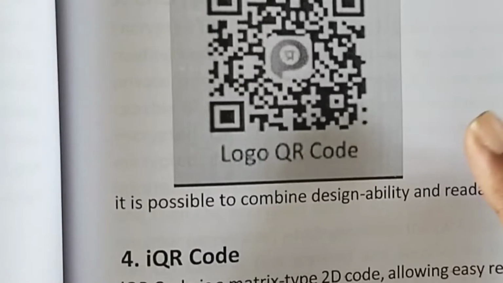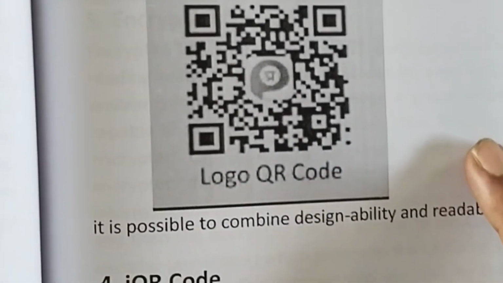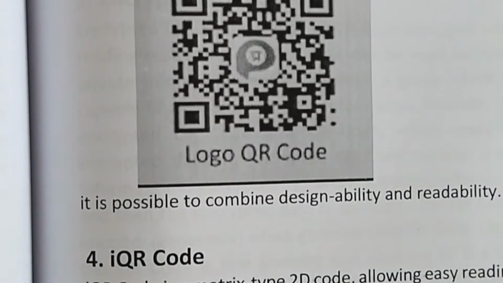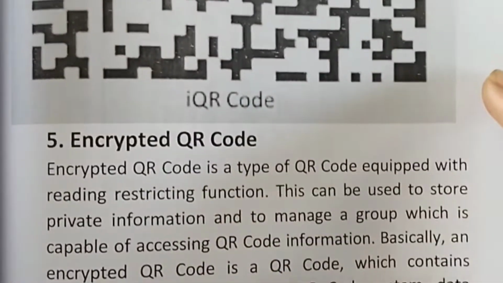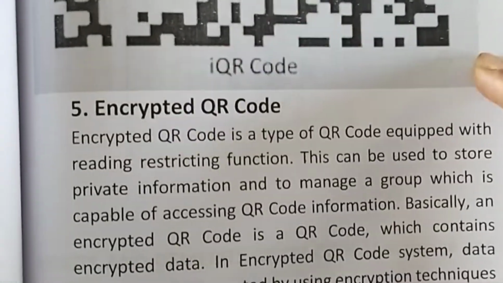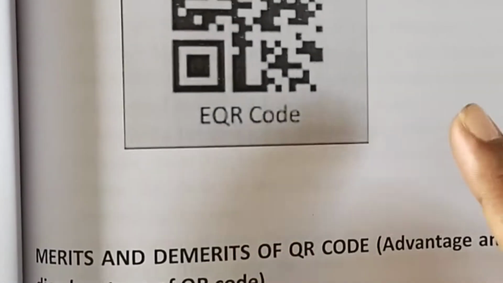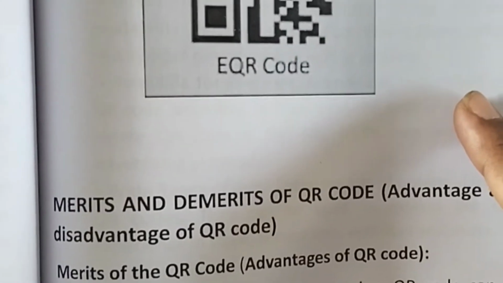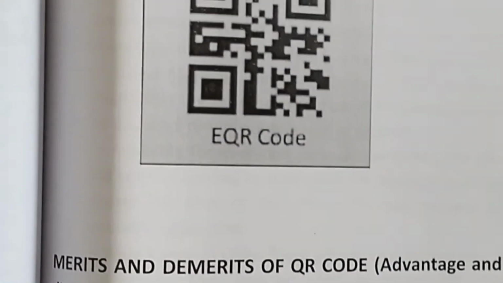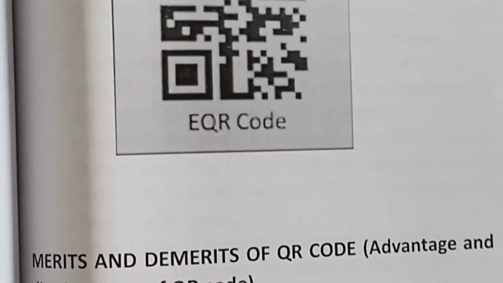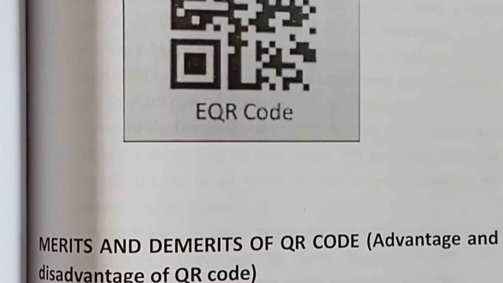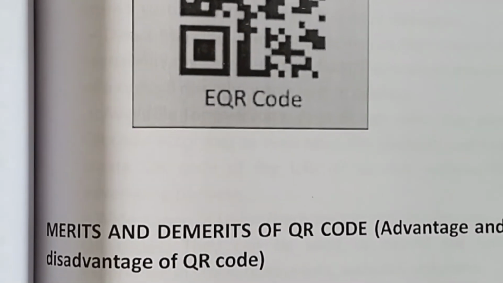Nowadays everyone on Instagram or WhatsApp uses these logo QR codes. This is different from other QR codes, which is the iQR code, in the form of a rectangle. This is the encrypted QR code. The eQR code means encrypted QR code, which is used in the military and other places, and stores data with high security, so that not everyone can access it.